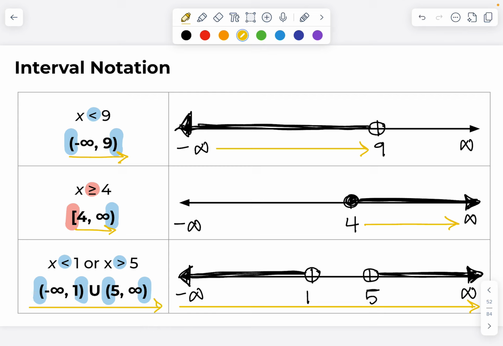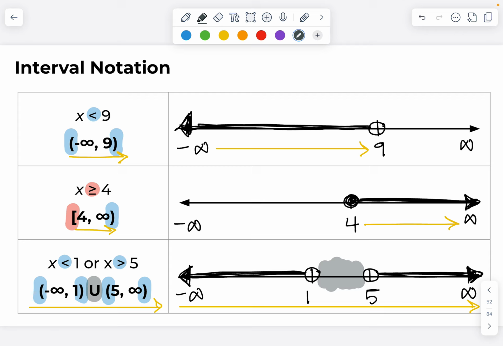Now notice, let me use a different color. We'll use gray. Notice this U, that represents that we have this kind of jump, this space in my number line where I don't have possible values as my solution. So anything between 1 and 5, like say 2, is not less than 1 or greater than 5, so it's not a possible solution.